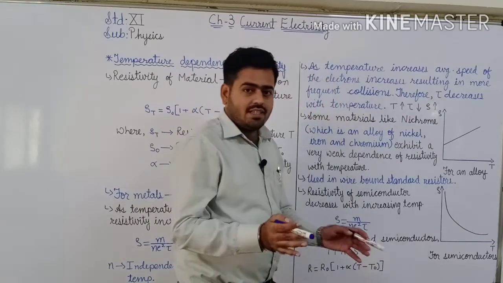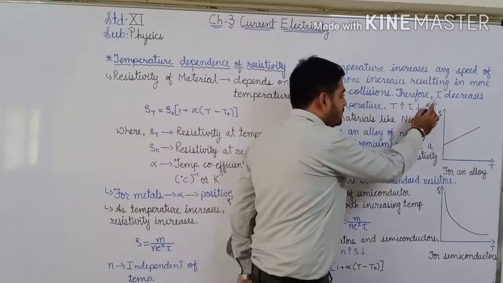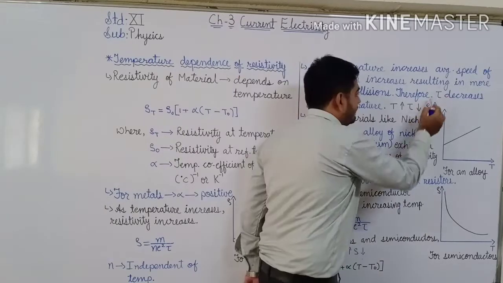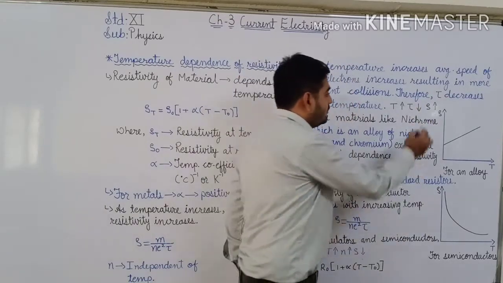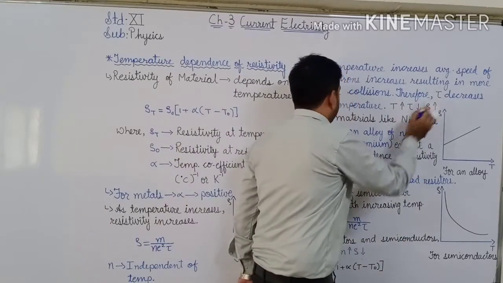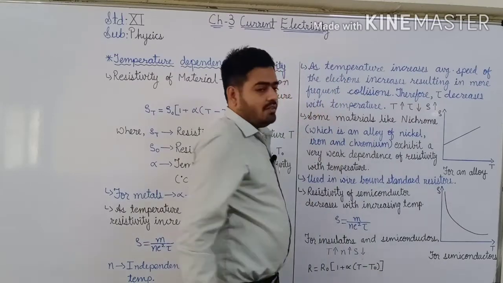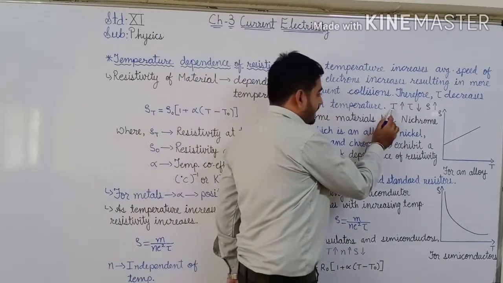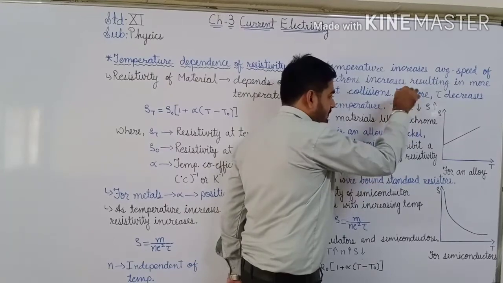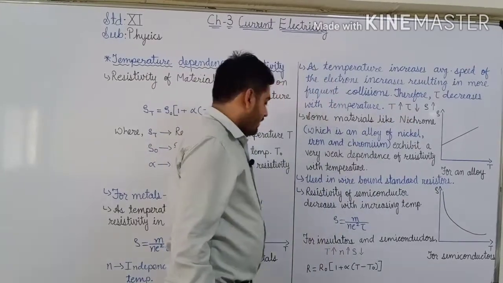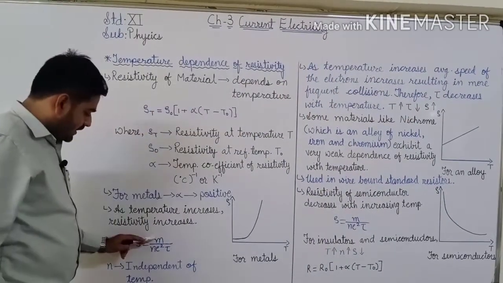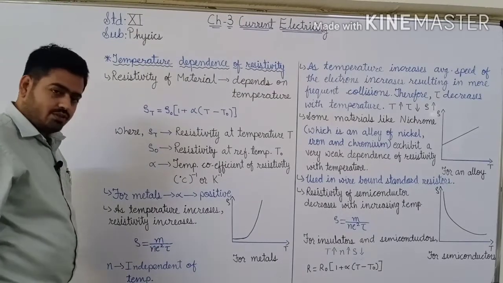So if number of collisions increases, then time interval between two successive collisions decreases. Value of relaxation time tau decreases. Therefore tau decreases with temperature. As the temperature increases, relaxation time decreases. M is constant, n is constant, e is constant.